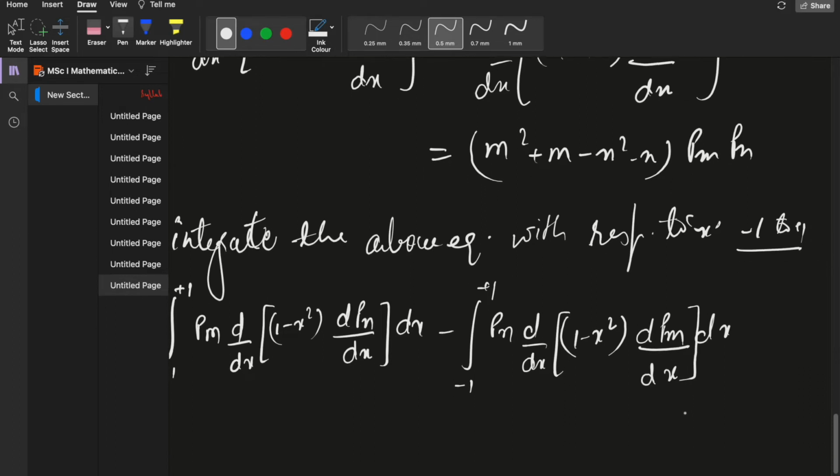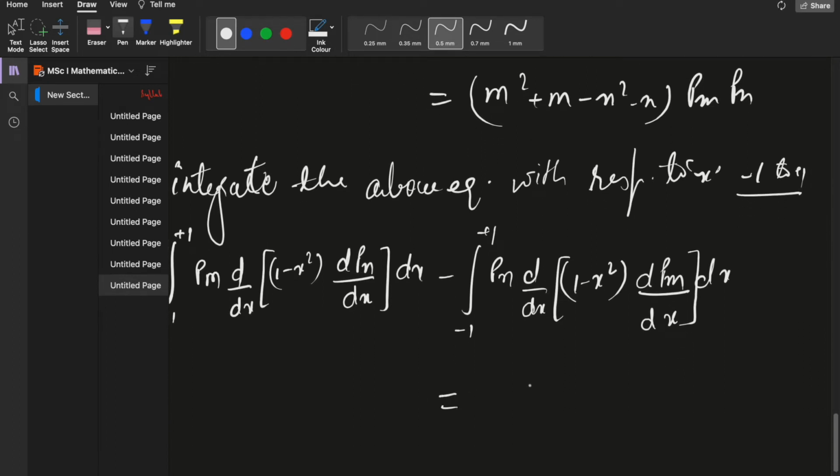Alright, and the right hand side, this is constant, so I take it out. m square and n square can be written as m minus n times m plus n, and the left quantity is m plus n plus 1.